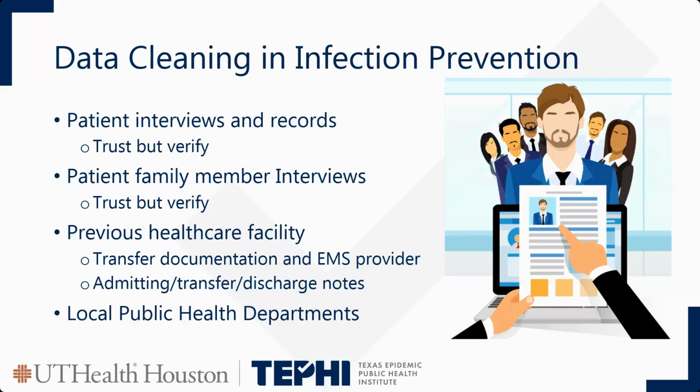So if they are coming from a nursing home, call that specific nursing home saying, hey, I'm the infection preventionist. We have Miss Smith here. She was admitted, and I have a question about her history of an MDRO. Do you have access to XYZ? That can help you streamline getting those results and then making sure that your infection prevention control practices are aligned with what you need to do.